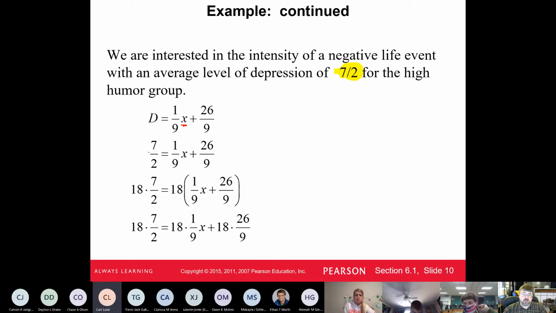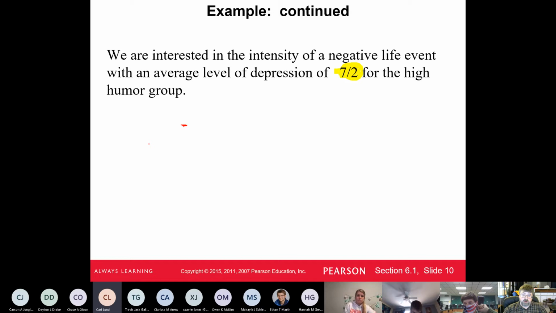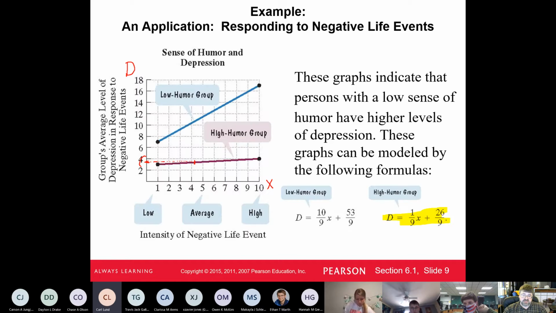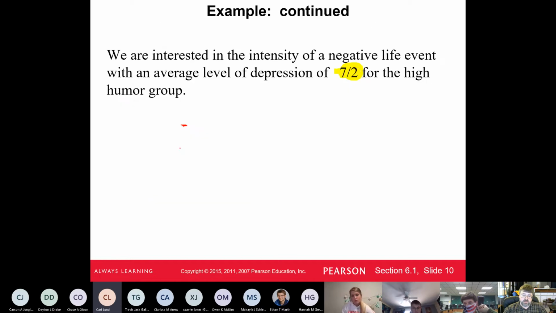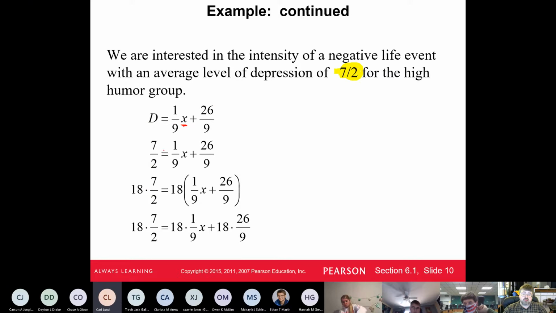We are told that D is 7/2. D is this point right here. So in our formula that we're given in the problem, 1/9 x plus 26/9 equals 7/2. We replace D with what the problem tells us D is for this case, and then we solve for x.